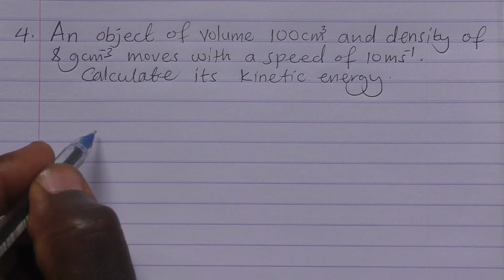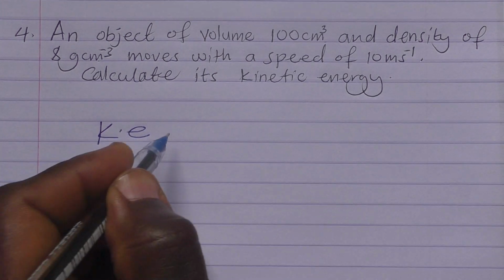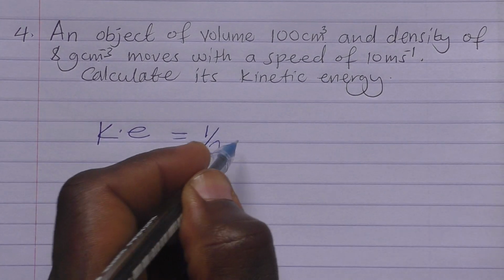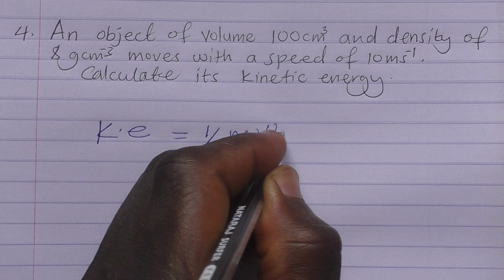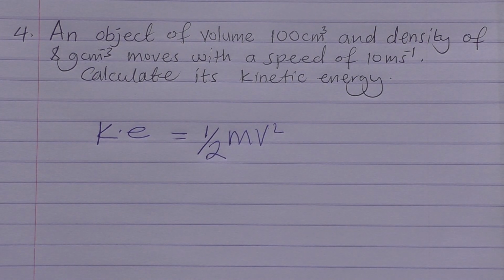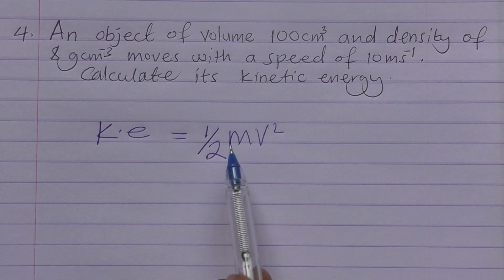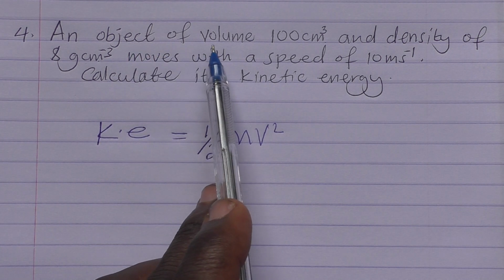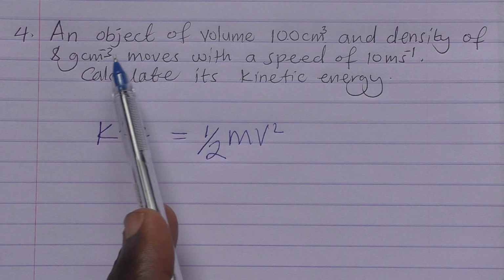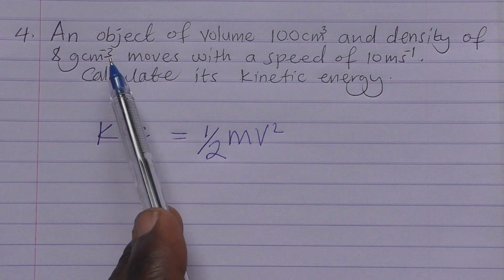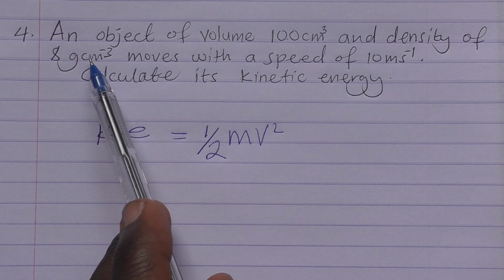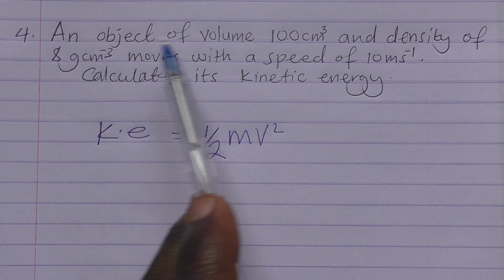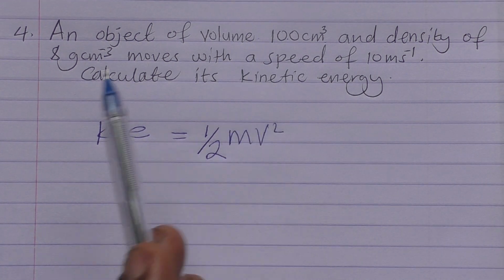Now, we've seen that kinetic energy is given by a half mv squared, where m is mass. But in our question, we don't have mass, but we instead have volume and density. We must find a connection between these two and mass.